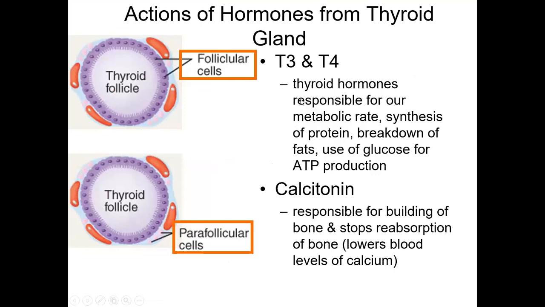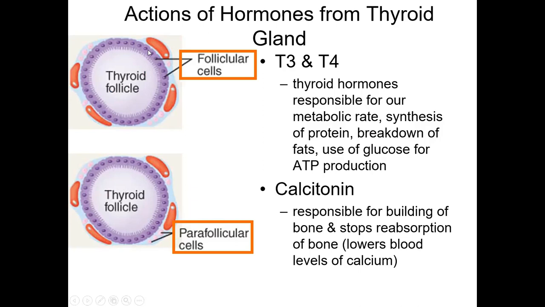So the function of T3 and T4, or thyroxine, is to increase metabolic rate. This comes with increased protein synthesis, degradation of fats to make energy for ATP production, and also increased heat production.